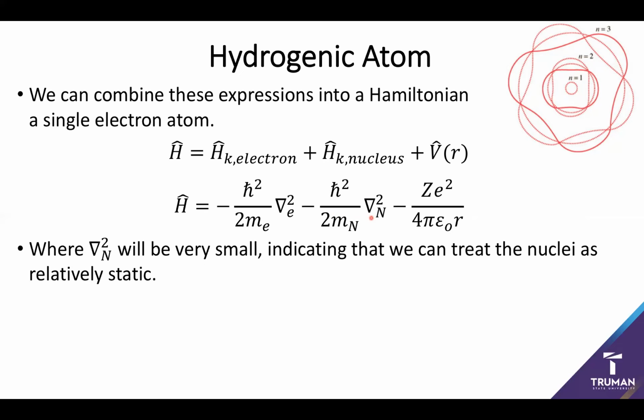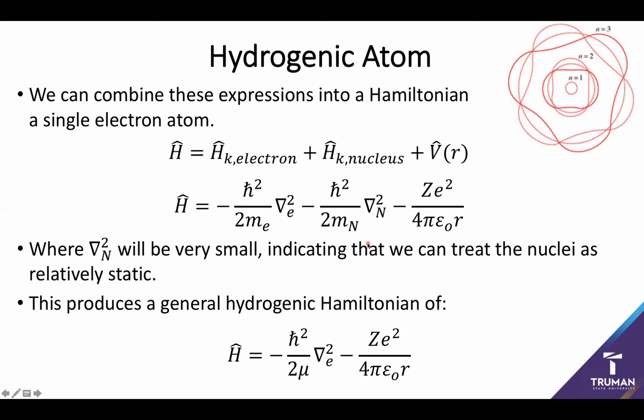And this makes sense. Compared to the electrons, they are going to be very slow moving, and as a consequence have fairly low kinetic energy, even despite their greater mass. So we're going to typically drop this second term towards zero.